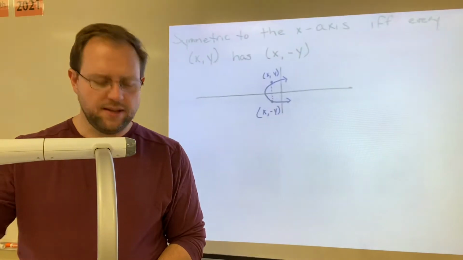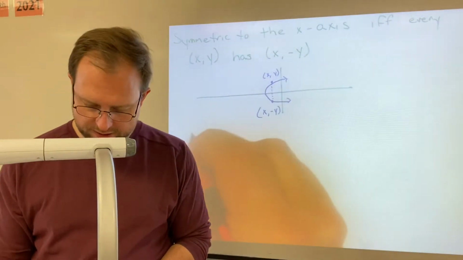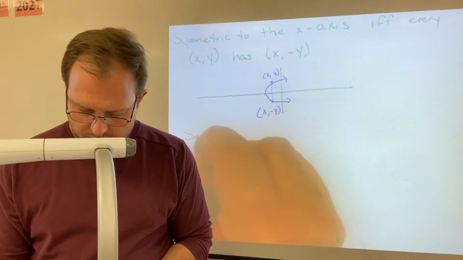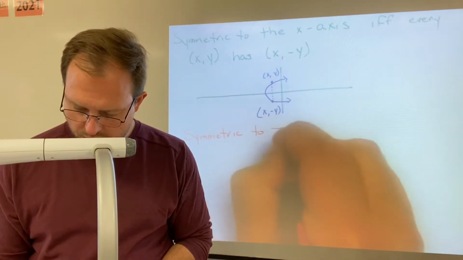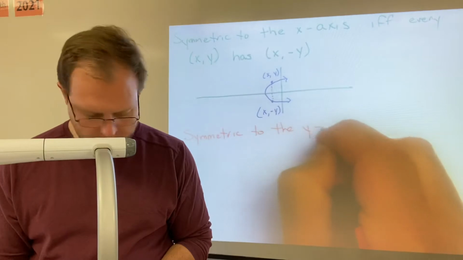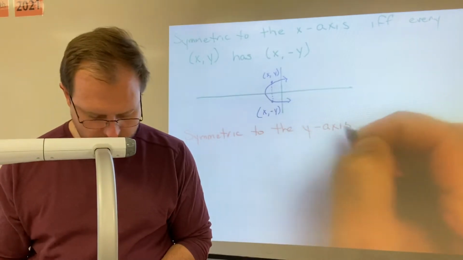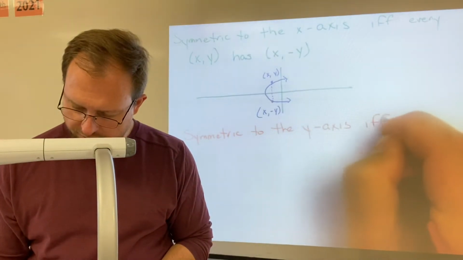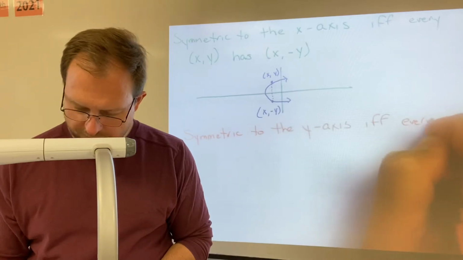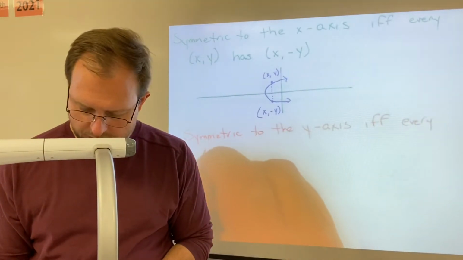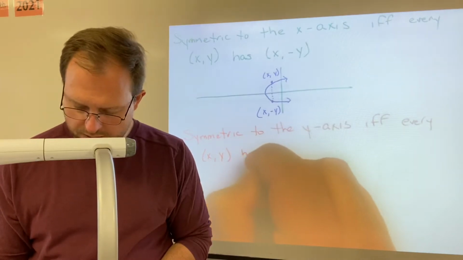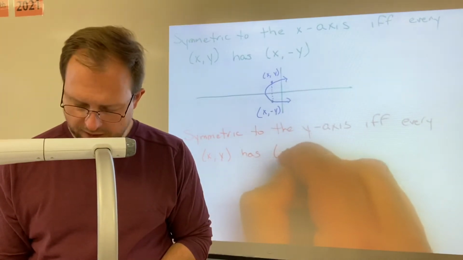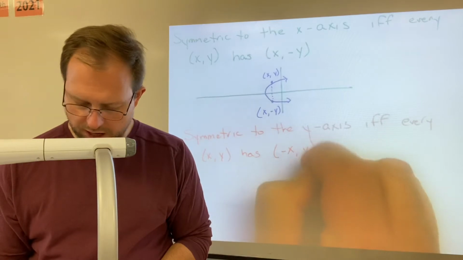The second symmetry is to the y-axis. Symmetric to the y-axis if and only if every point x comma y has a point negative x comma y.